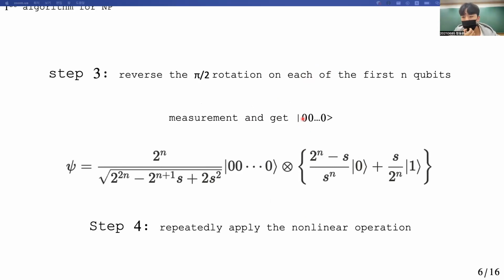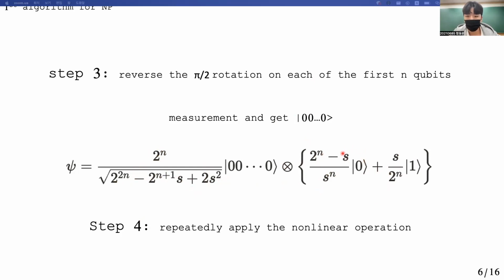What I want to say is that when you measure the previous n qubits, we could get the state 0, 0, 0 with fairly high probability, at least 1/4. After the measurement and getting the 0, 0, 0 state, we have the following state. They are very complicated constants, but the main point is here, and this constant is just to satisfy the Born rule: alpha squared plus beta squared equals 1.